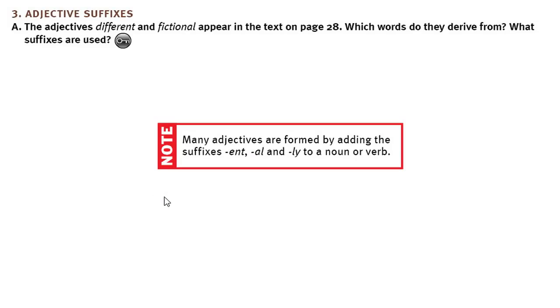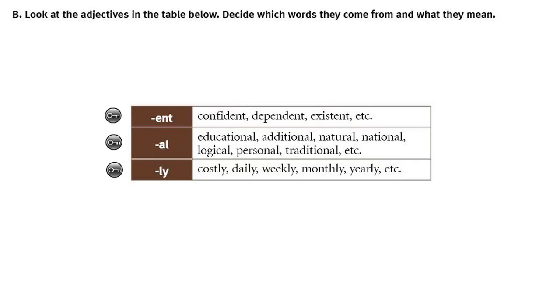Note, many adjectives are formed by adding the suffix ent, al, and ly to a noun or verb. الكثير من الصفات تكون باستخدام هذه الإضافات الثلاث للاسم أو الفعل. B. Look at the adjectives in the table below. Decide which words they come from and what they mean. ماذا تعني؟ Confident, dependent, extent.